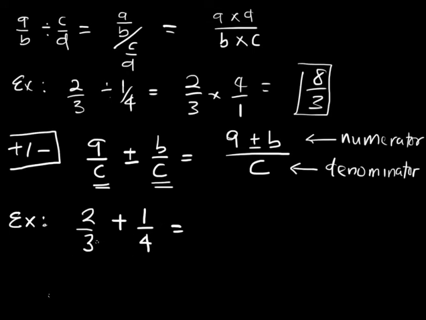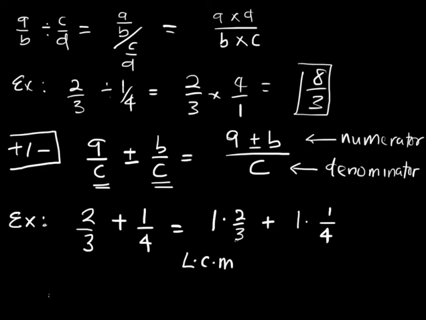So the way we do it is we find something called the lowest common multiple, okay? And our common multiple here can simply be found by multiplying these two numbers, okay? So you see it's 12, or we can just simply say 1 multiplied by 2 over 3 plus 1 multiplied by 1 over 4, right?